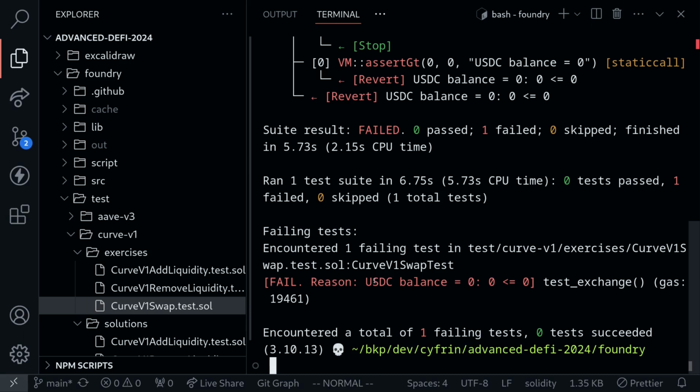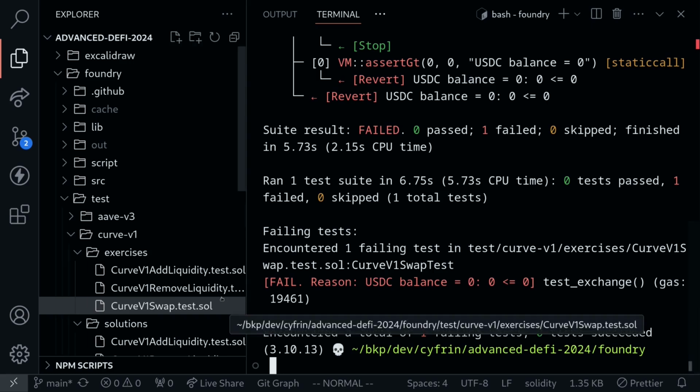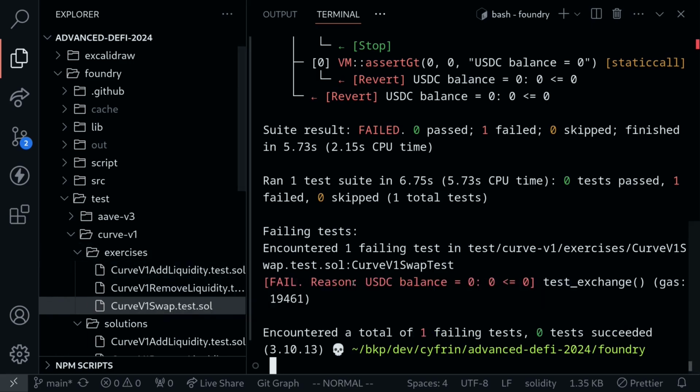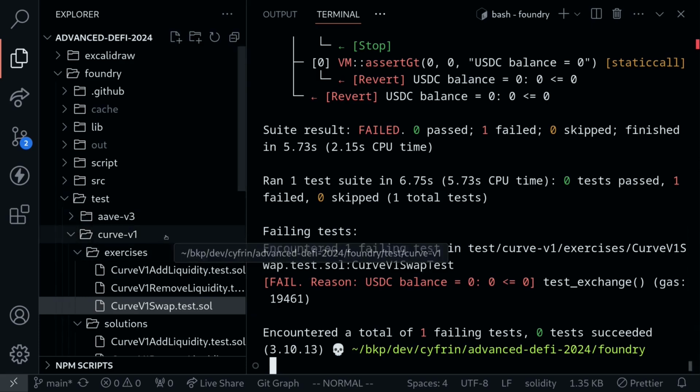And obviously the test fails because the code inside the exercises is incomplete. It is your task to fill out the code inside the contracts under exercises. So this is how the exercises and solutions are organized inside this repo.